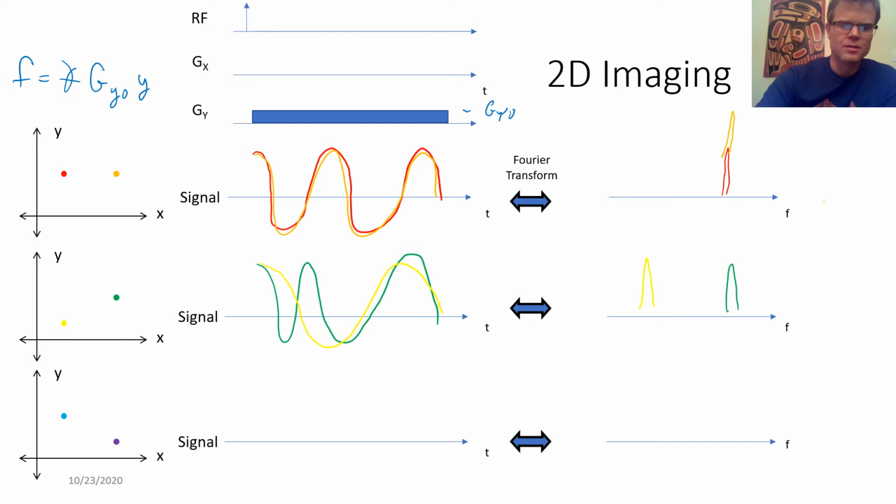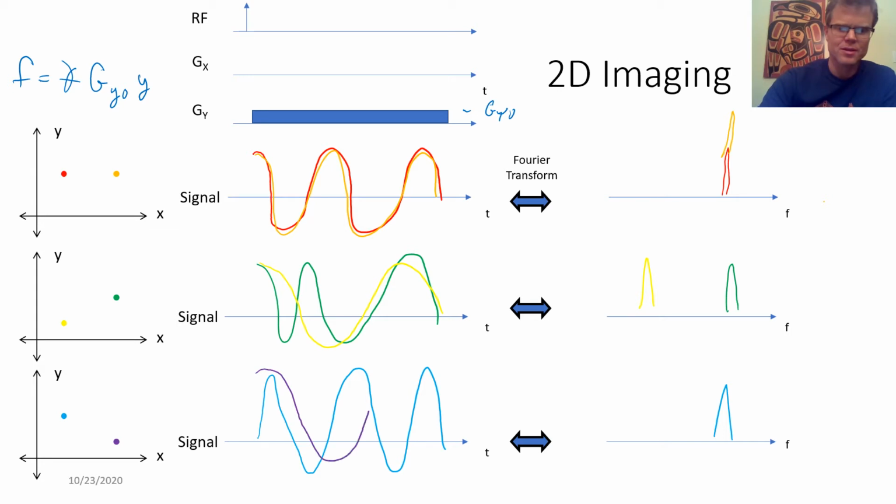And in this case, the blue, oh, my drawings are getting worse as it goes along here, the blue object will show up at the higher frequency location, the purple object, I'm even getting the axis, the intercept wrong here, it's going to show up at a different location.